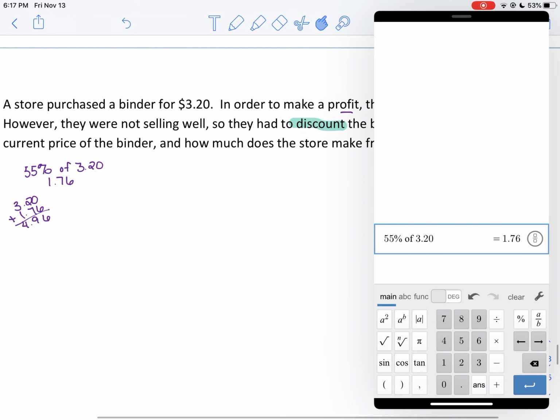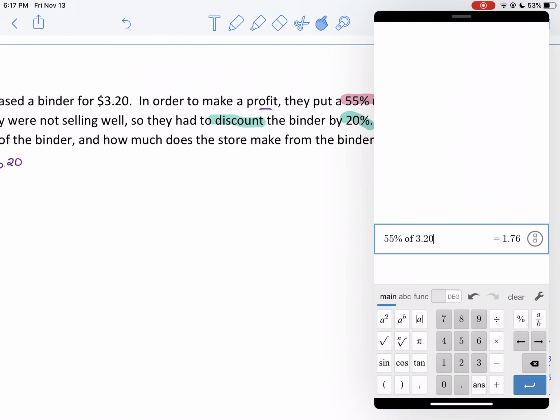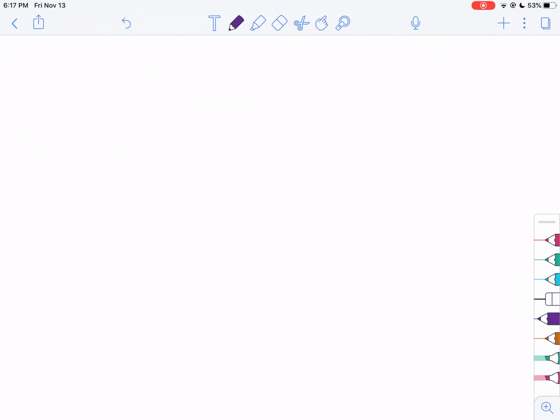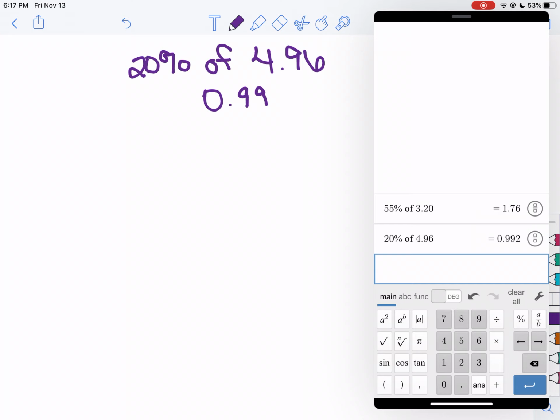Okay, so it wasn't selling well at that $4.96 price, so they had to discount it by 20%. So now we are finding 20% of the $4.96. And so we get 99 cents, 0.99.